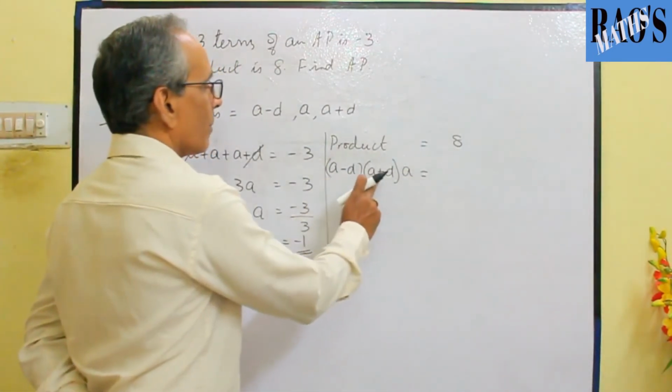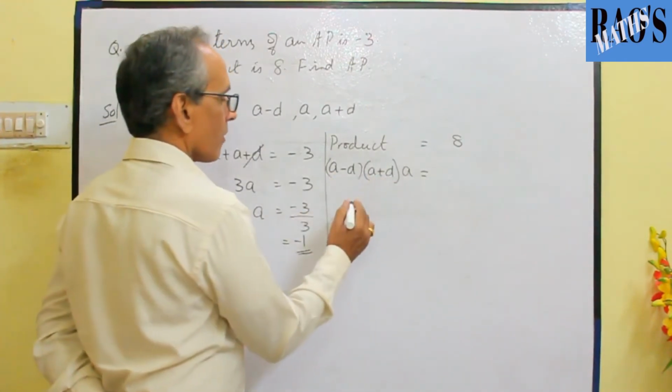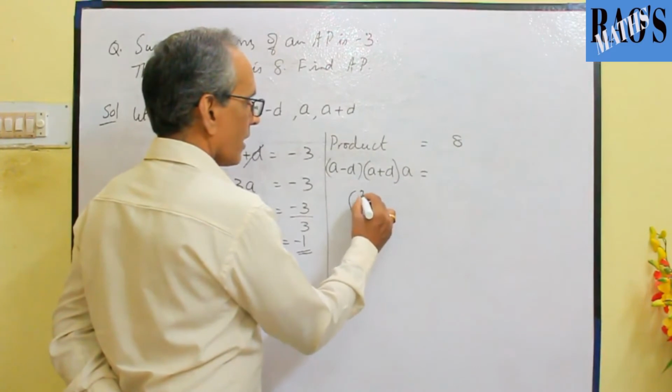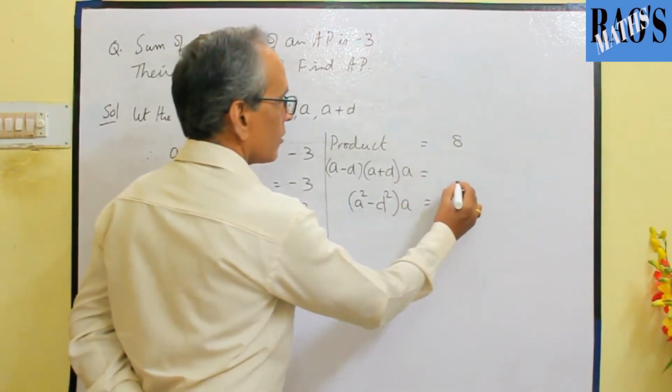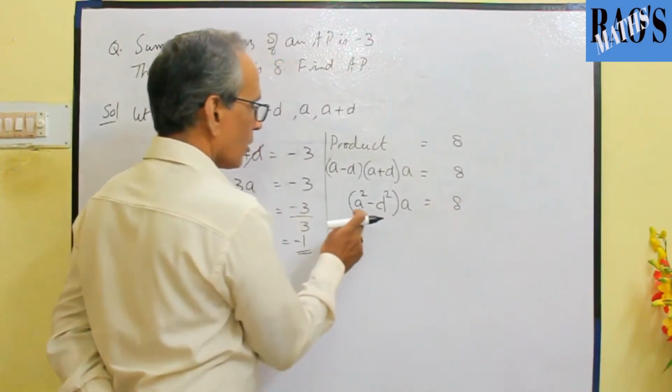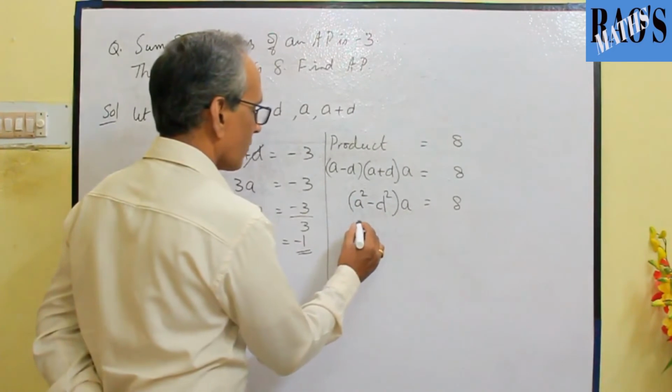So A minus D and A plus D give A square minus D square. So A square minus D square, times A, is equal to 8. We know the A value already, that is minus 1. I substitute minus 1 in the place of A.